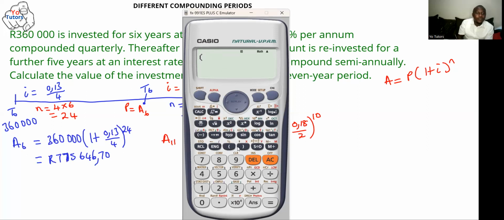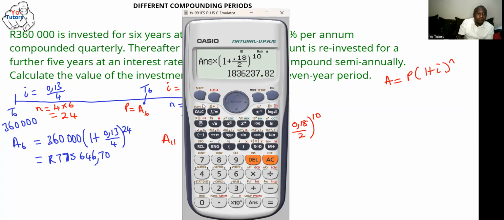Then let's have our formula there. Recall A times, in brackets, 1 plus 0.18 over 2, to the power of 10.